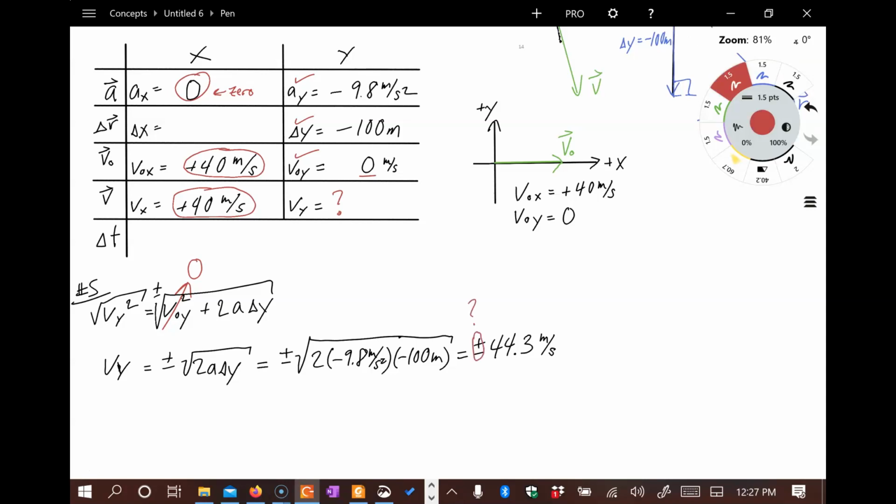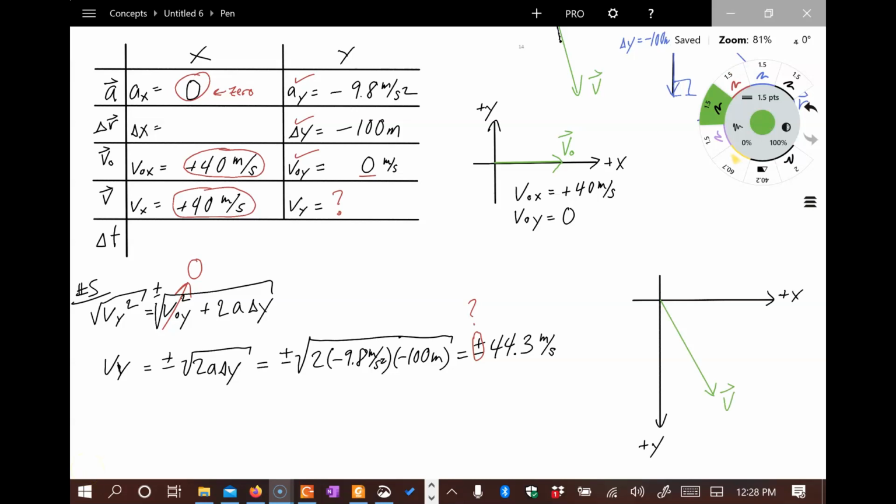To figure that out, again, graph your final velocity vector and look at the direction of the components. So here's our final velocity vector. Let's make our components. Going down is our Vy final, and going to the right is our Vx final. Here's our right triangle, and the hypotenuse is the speed.